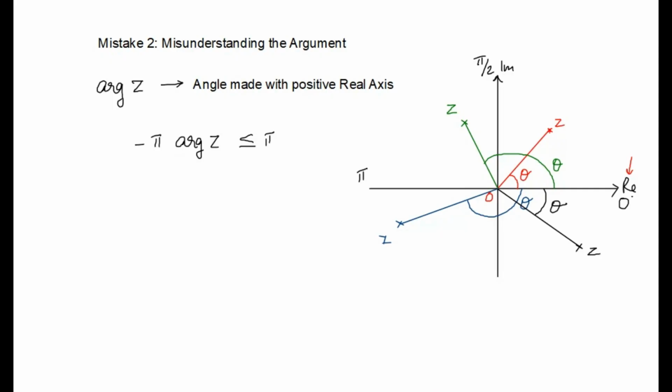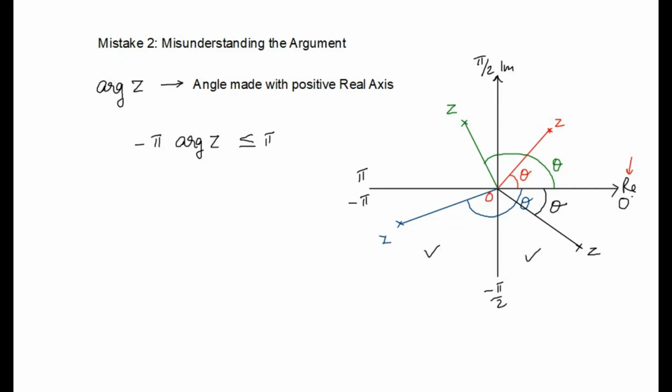And if we go clockwise, then this is negative pi by 2, and this is negative pi. So all your argument values have to lie within the domain that is suggested by your syllabus, which is negative pi to pi.